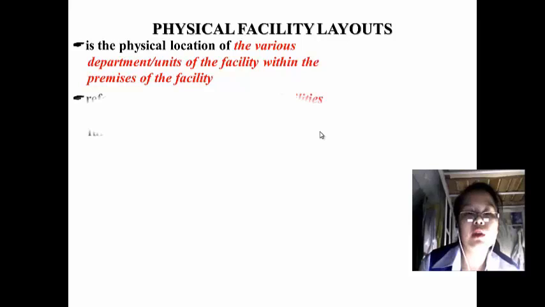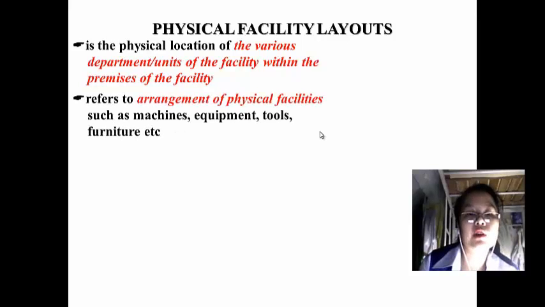Next, a physical facility layout is the location of the various departments or units of the facility within the premise of the facility. It refers to the arrangement of physical facilities, such as machines, tools or furniture.